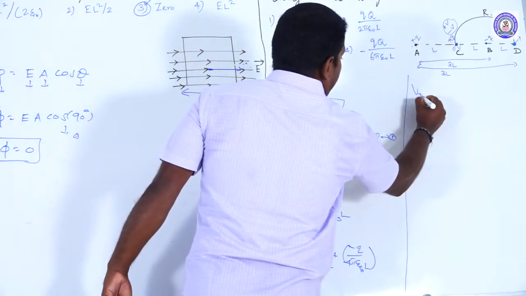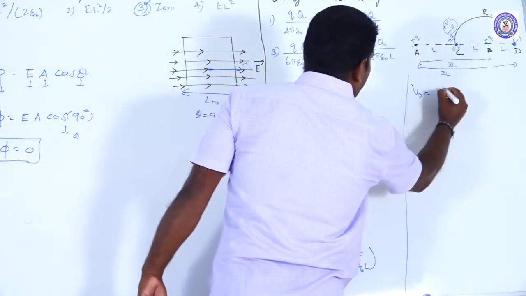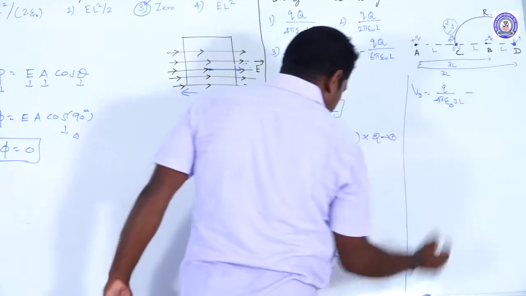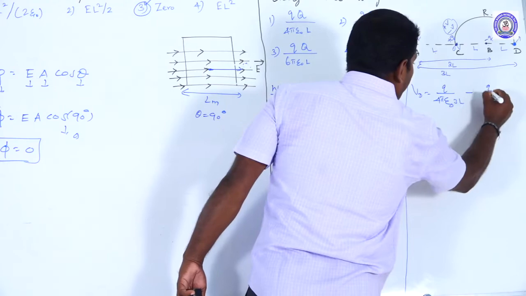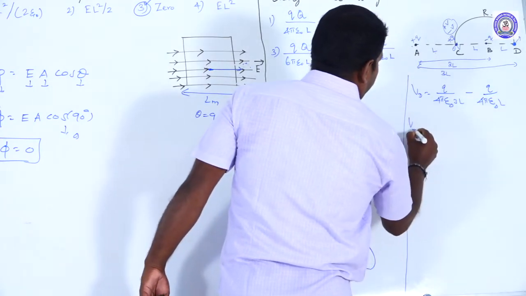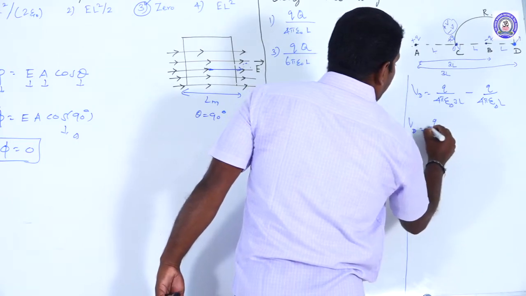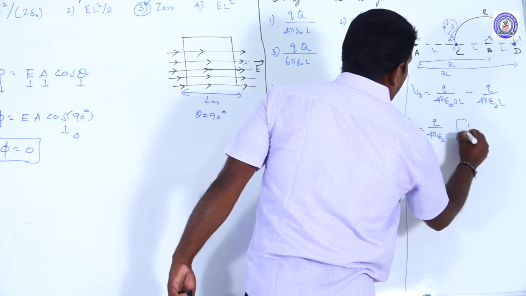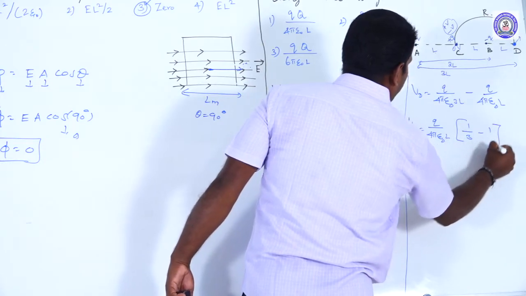Then Vd is equal to Q divided by 4 pi epsilon naught 3L minus Q divided by 4 pi epsilon naught L. Then Vd is equal to Q divided by 4 pi epsilon naught L, taking out 1 divided by 3 minus 1.